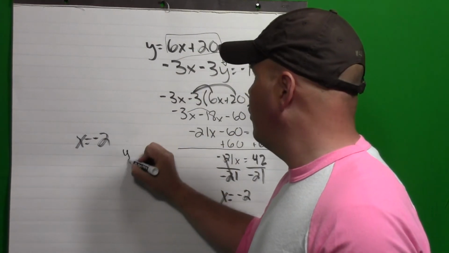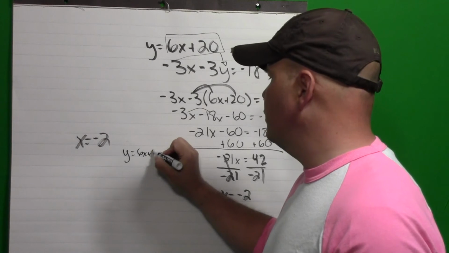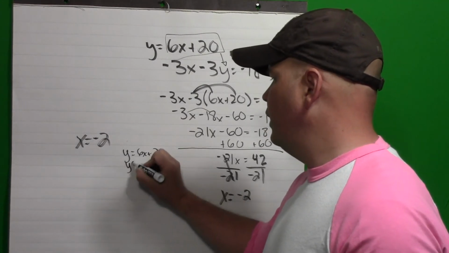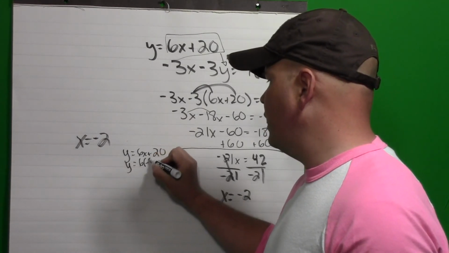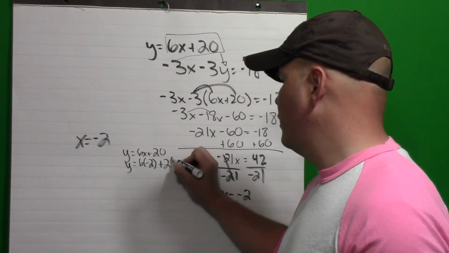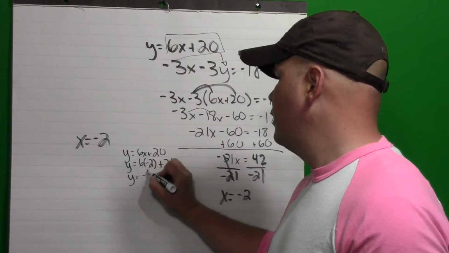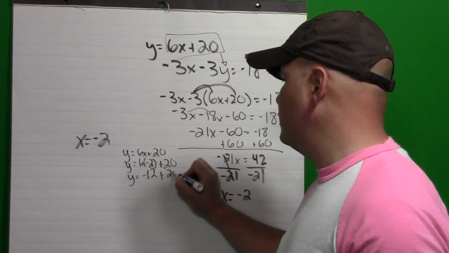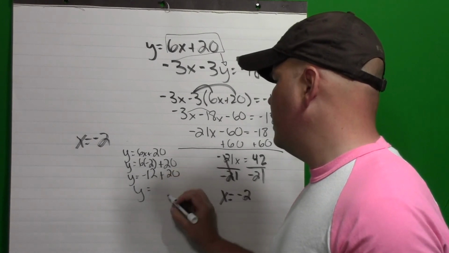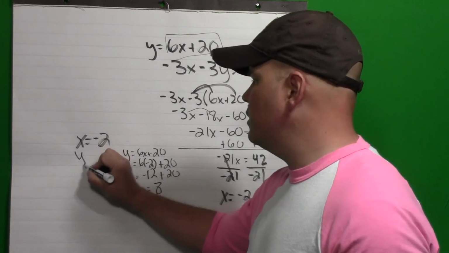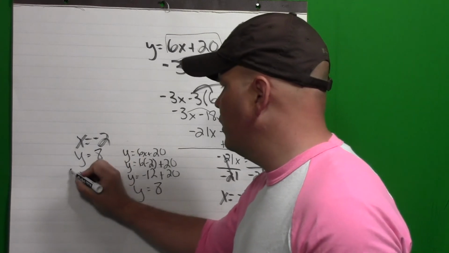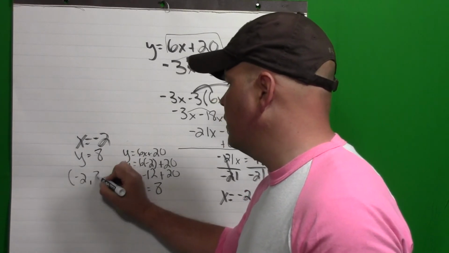So let's take that y equals 6x plus 20 and plug my -2 in for the x. -12 plus 20, so y then is equal to 8, and in coordinate form it looks like this.